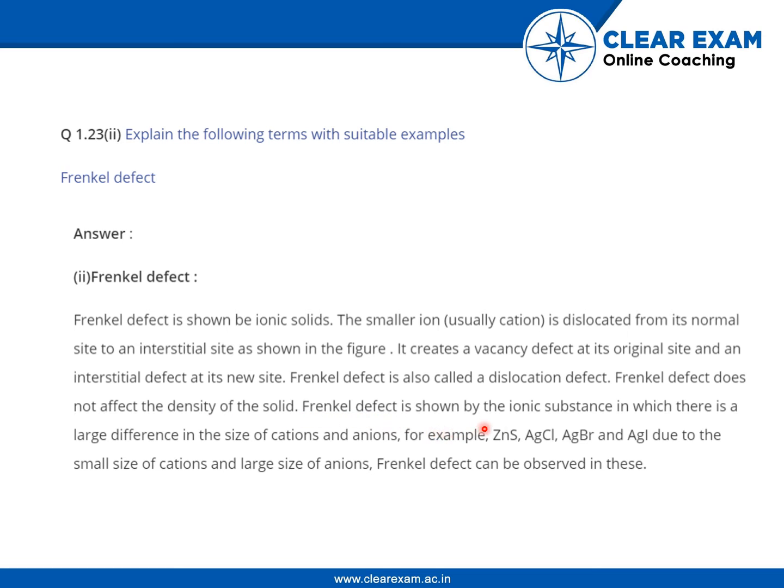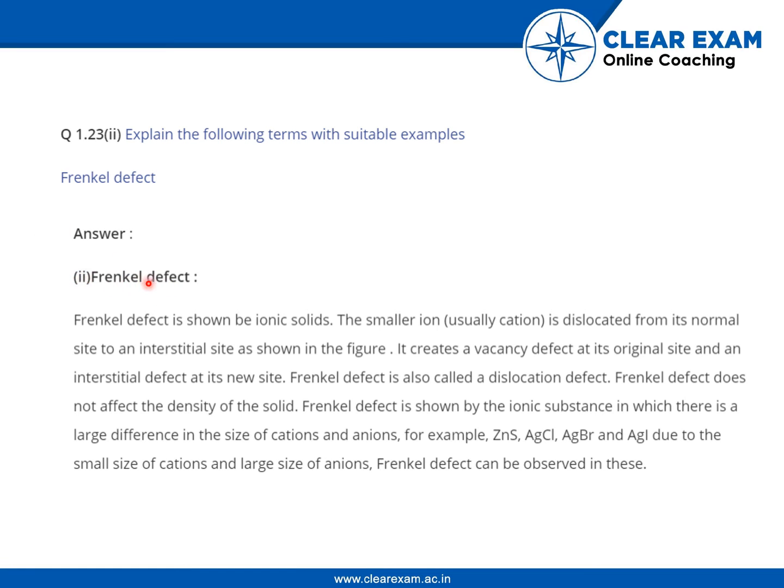Frenkel defect is shown by the ionic substances in which there is a large difference in size of cations and anions. For example, ZnS, AgCl, AgBr, and AgI. Due to the small size of cations and large size of anions, Frenkel defect can be observed in these. As you can see, in AgBr we can see both the Frenkel defect as well as the Schottky defect.